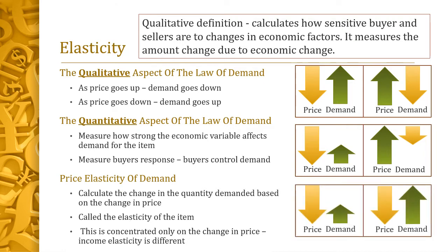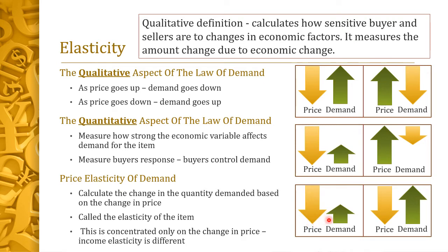So what are we trying to do? We're trying to understand situations such as this. Here we have one item where the price really dropped, but the demand hardly changed at all, and another one where the price dropped the same amount, but the demand really increased. One thing that's important to understand is that we're not going to be talking about raw numbers here. We're going to be talking about percentages. Let's say the price of salt dropped by 30%.